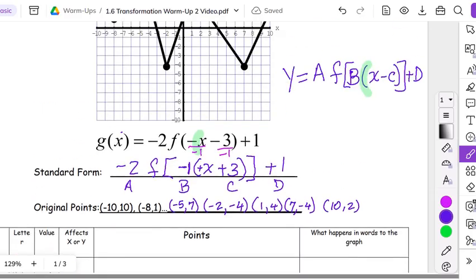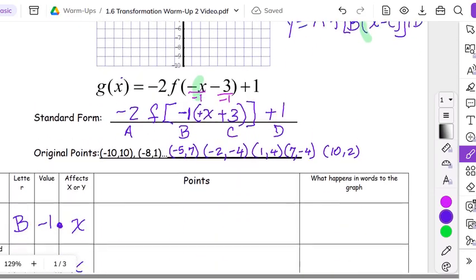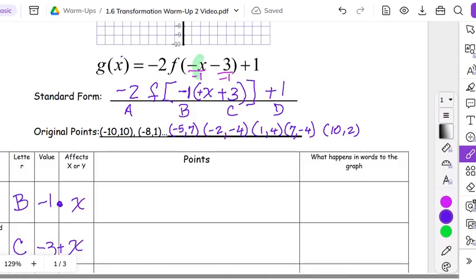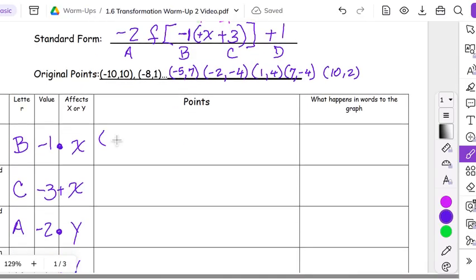So what you do next is you take the points that are on the actual graph, and you do whatever the transformation asks you to do. So for the first one, you're going to leave the 7 alone, because only the x values are going to be multiplied. I skipped the first one.